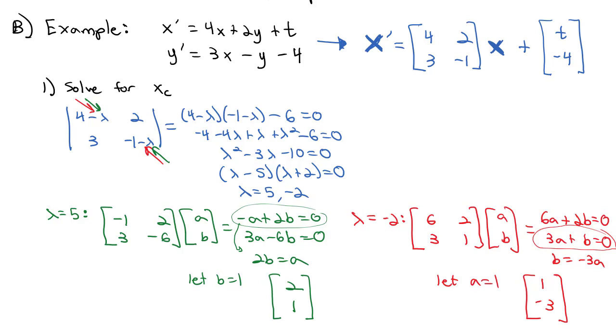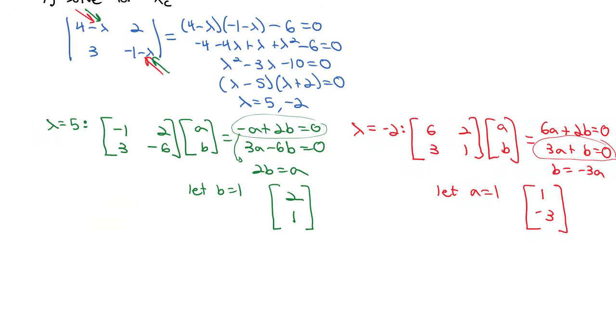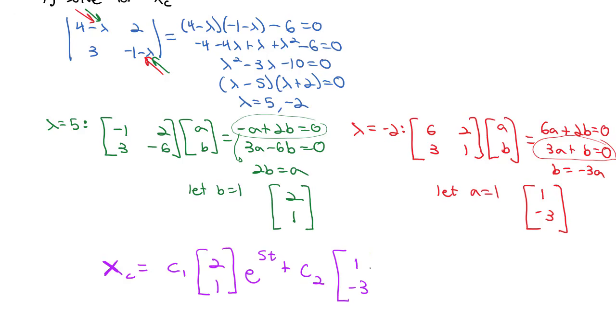So, putting that all together, we end up with our matrix x complement is equal to C1 times 2, 1, e to the 5t plus C2 times 1, -3, e to the -2t.